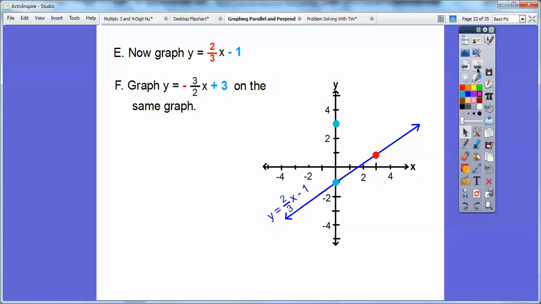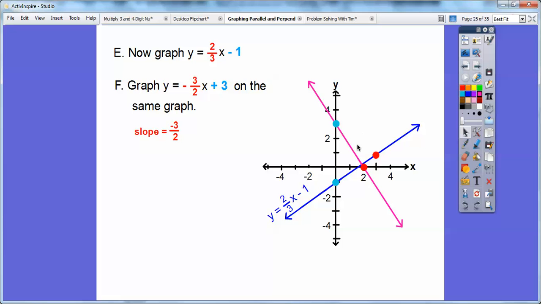The slope is negative 3/2, so that means go down 3 to the right 2. 1, 2, 3, and then to the right 2, 1, 2. That's what this red point is right here. I'm going to connect it up with that blue line. Make sure you extend it so they intersect each other. Those lines are definitely not parallel.